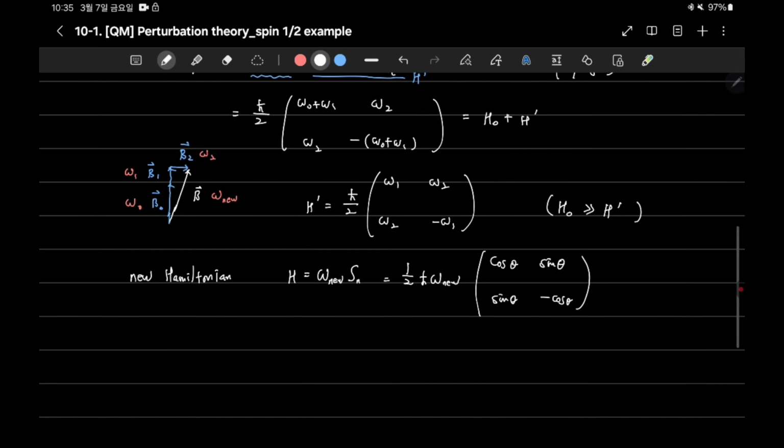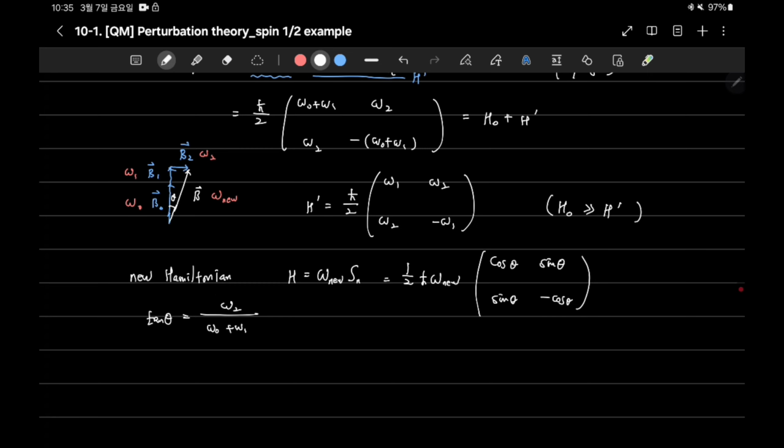Here, tangent theta is omega 0 plus omega 1 and omega 2.